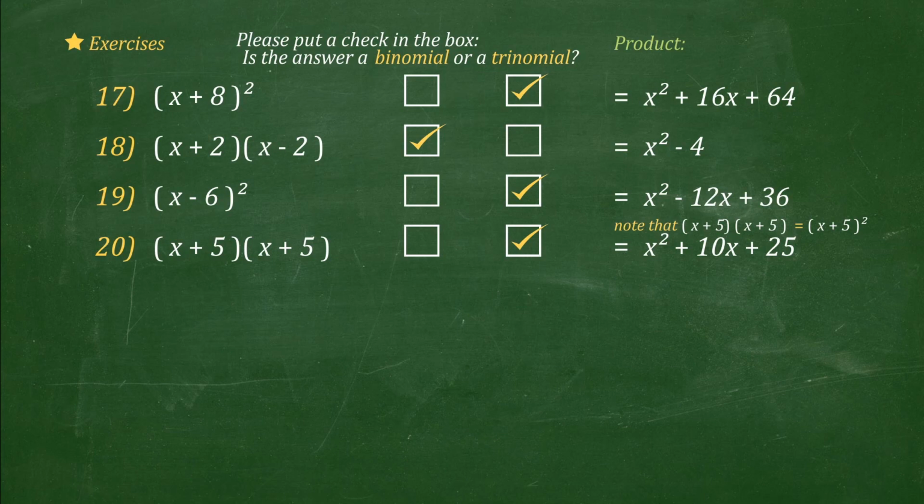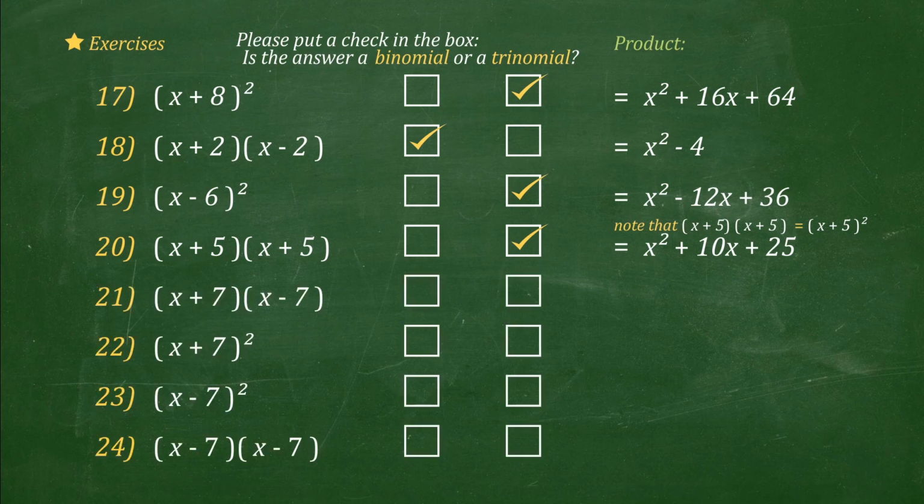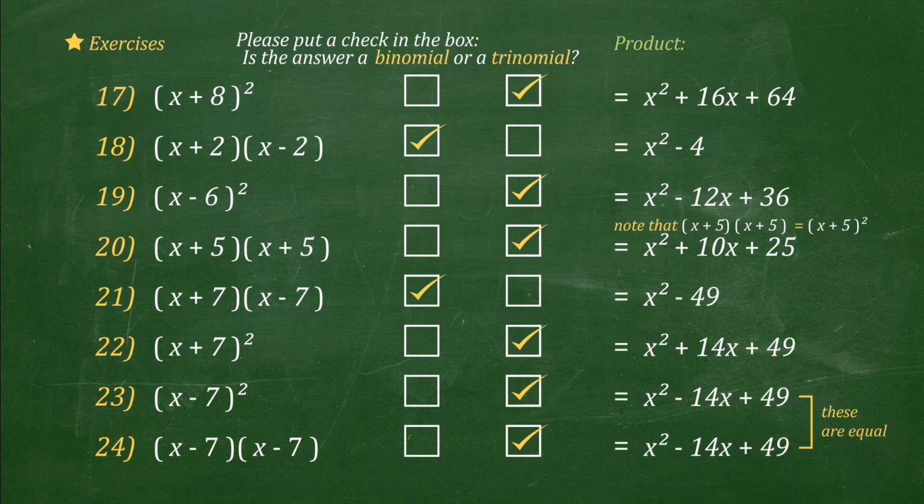Okay, you may need more exercises, so here are numbers 21 to 24. Pause this video now and answer. Go! Here are the answers. Did you get them this time?